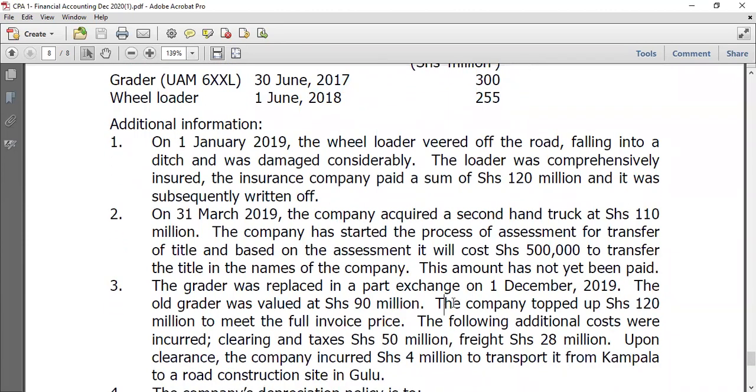They're telling us that the company topped up shillings 120 million to meet the full invoice price. The following additional costs were incurred: clearing and taxes, shillings 50 million; freight, shillings 28 million. Then upon clearance, the company incurred shillings 4 million to transport it from Kampala to a road construction site in Gulu.